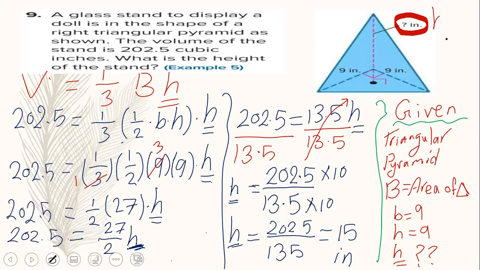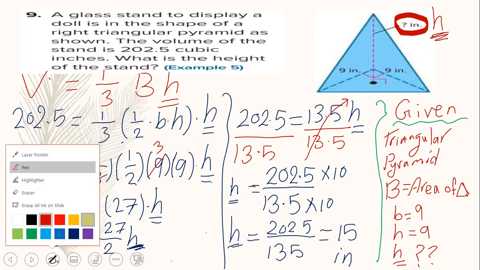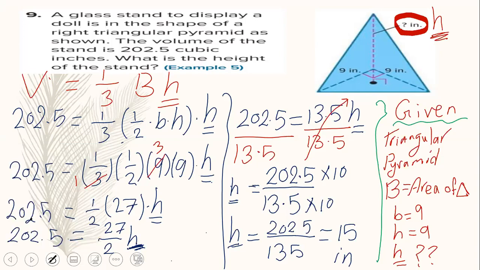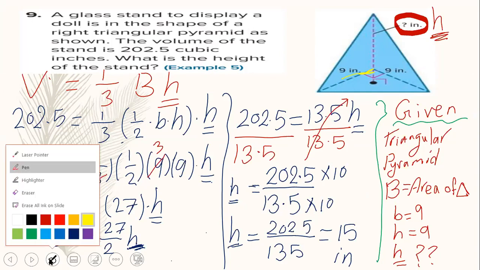The height of the pyramid, the underlined h. And look at the base. How does this base look? It's a triangle.